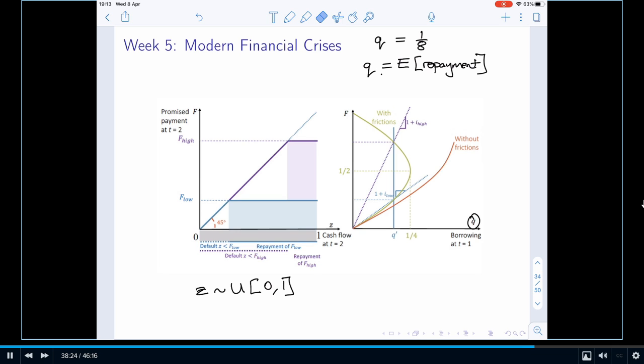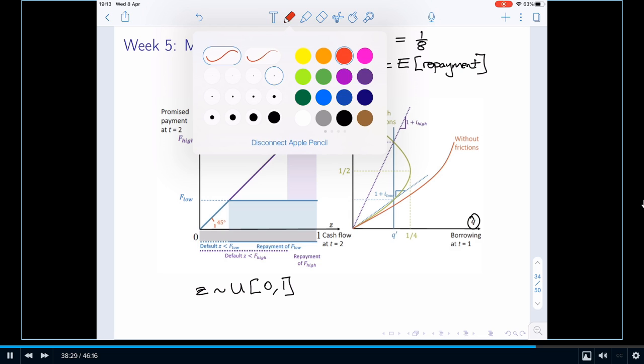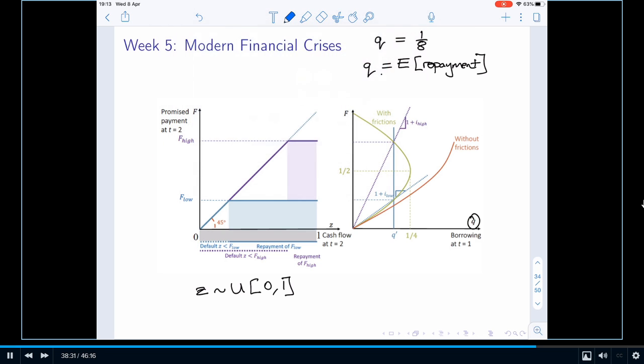I'm not going to go carefully into the derivations of these curves, but basically if you follow the maths, what you will see, looking at this diagram on the left hand side, is that the expected repayment without financial frictions will just be the area of the triangle and the rectangle determined by whatever F is being promised to repay.